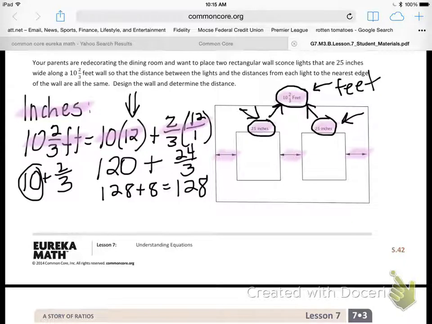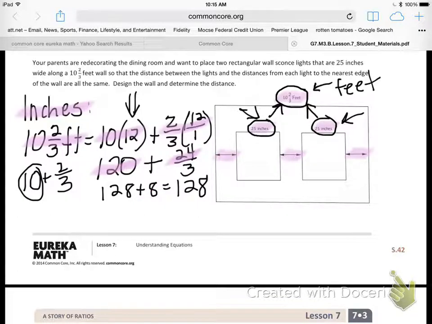And I put 12 over 1 because we're going to do some multiplication there. We multiply 10 times 12, we get 120. So that 10-foot part is equal to 120 inches. When we do our multiplication here, 2/3 times 12 over 1, we get 24 over 3, which is an improper fraction. And that improper fraction, 24 over 3, is equal to 8.